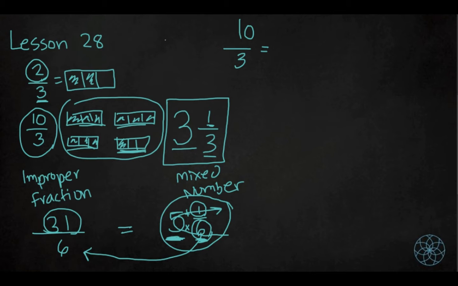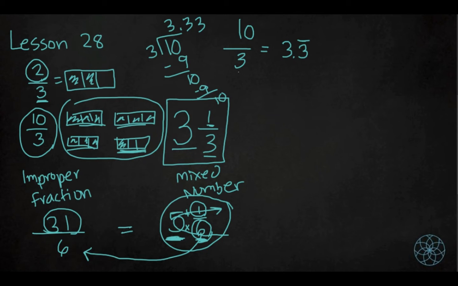So go ahead and work that out. 10 divided by 3. 3 times 3 is 9. Ooh, you know what? I think we're going to have a repeating number because we keep getting 3s. So 10 divided by 3, or 10/3 equals 3.3, and that 3 is a repeating number. So that's all you do, is you set it up as a division problem.